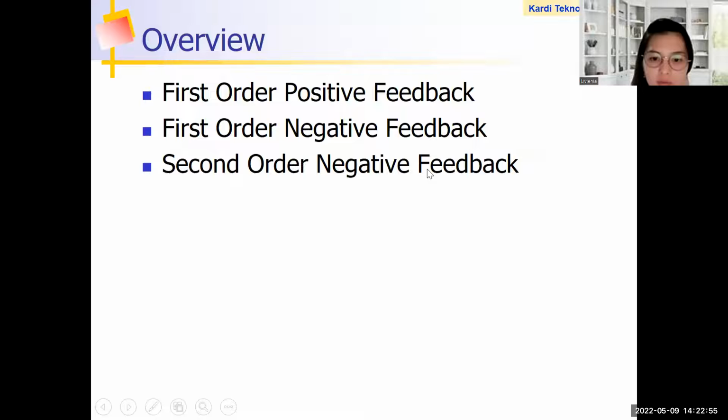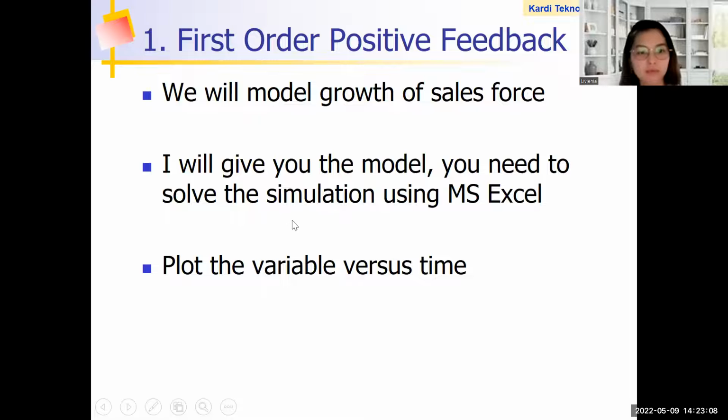So let's practice creating a first order positive feedback loop, a first order negative feedback loop, and I will also give you a second order negative feedback loop. Let's say you want to create a first order positive feedback loop. We will model a growth in sales force.